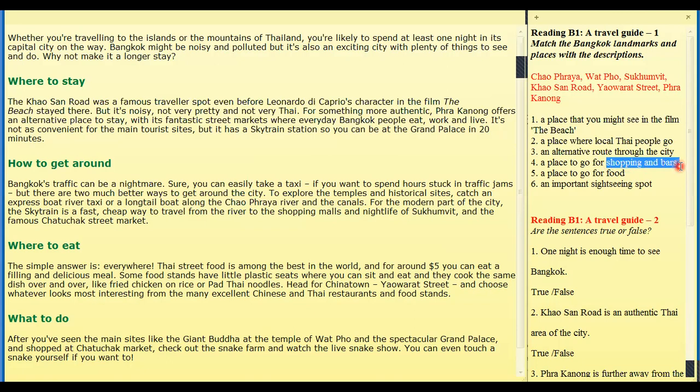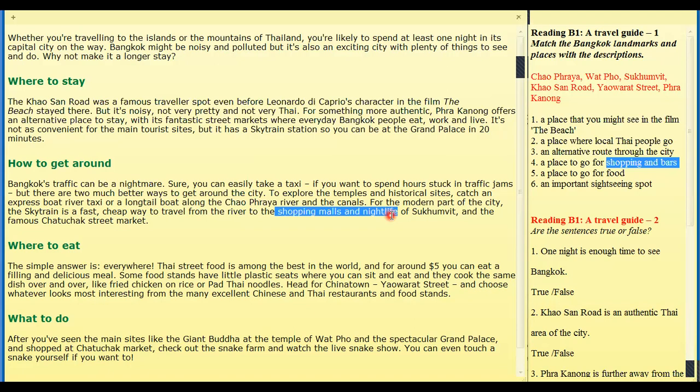So where is shopping and bar in the text? Find it. Well, the answer is here. See, shopping and nightlife. Shopping mall is just like shopping where you can buy things, and nightlife is the bar. Bar is place you could go at night and dance, sing karaoke, something like that.